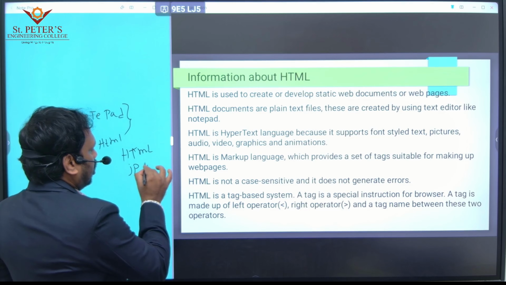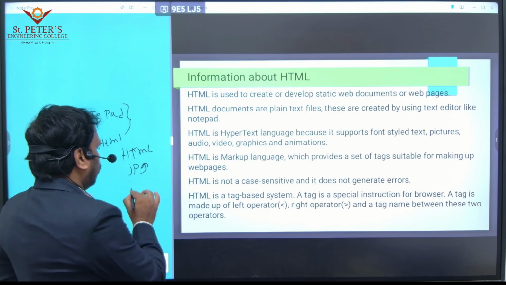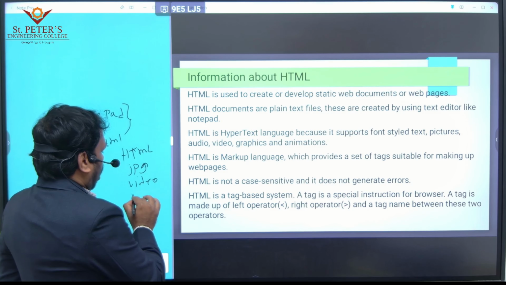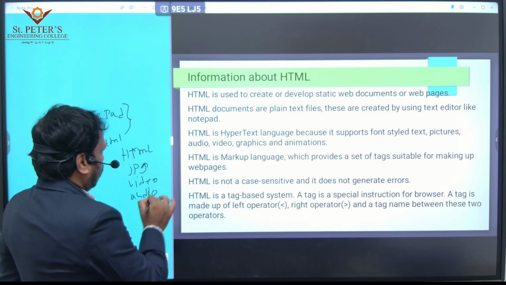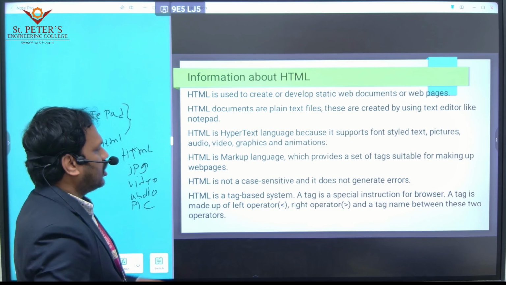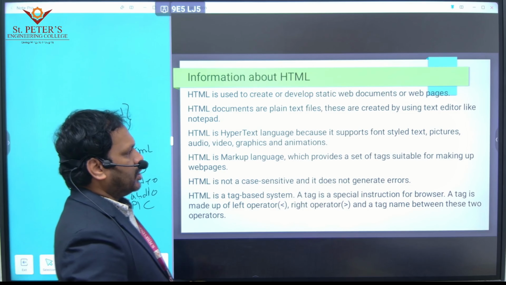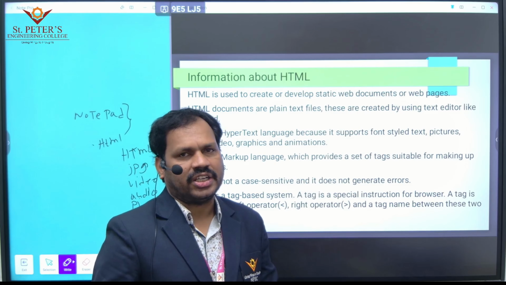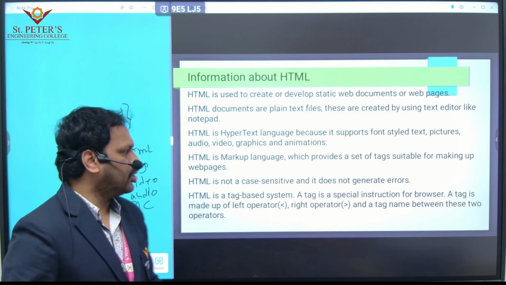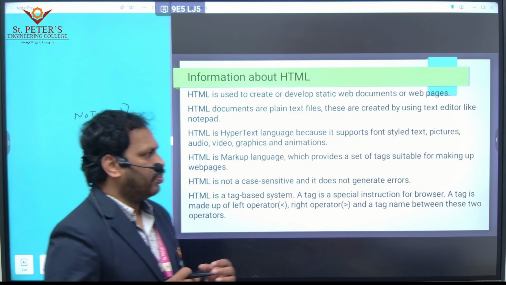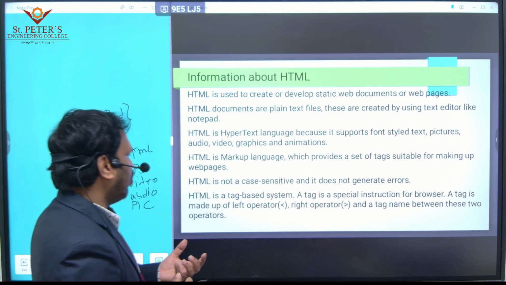JPG files, video, audio, pictures and other things are used in HTML. HTML is used mainly for creating static web pages.